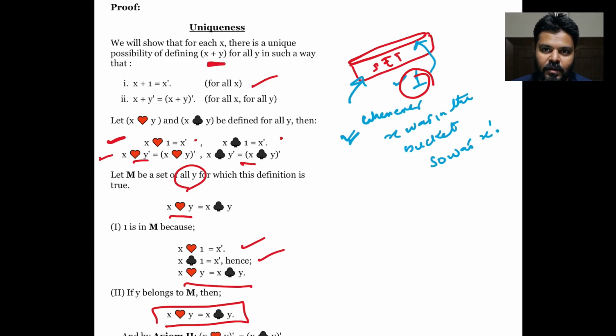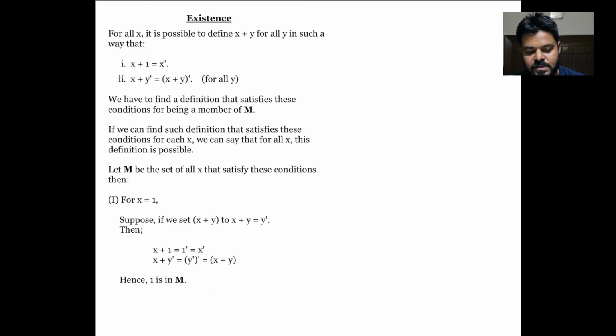And now the difficult part is to show that this operation, this number, exists. So this is the existence part of the proof. To prove existence, we have to show that for all x, it is possible to define x plus y for all y in such a way that x plus 1 is equal to x prime, and x plus y prime is equal to x plus y whole prime for all y.